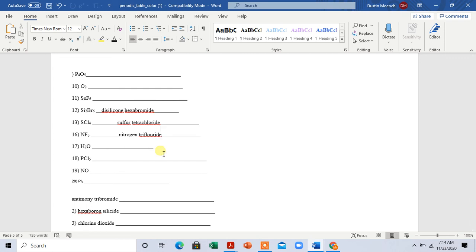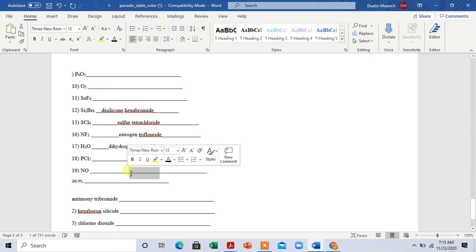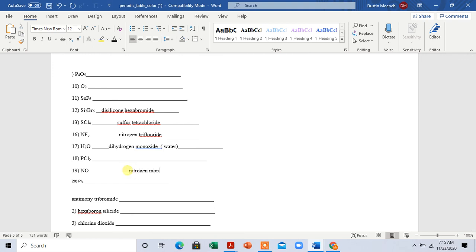For example, this compound is technically called dihydrogen monoxide, but everybody just calls it water. Or this compound, nitrogen monoxide, most times is just called nitrous oxide.